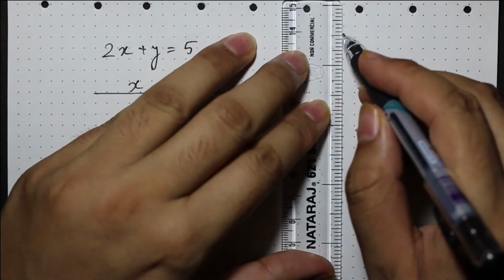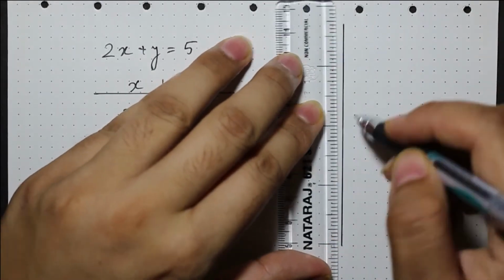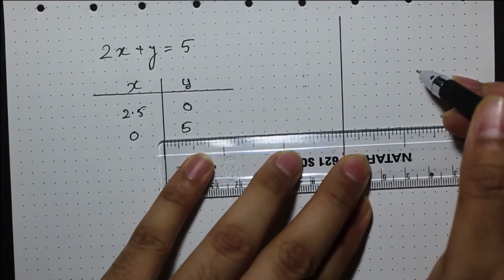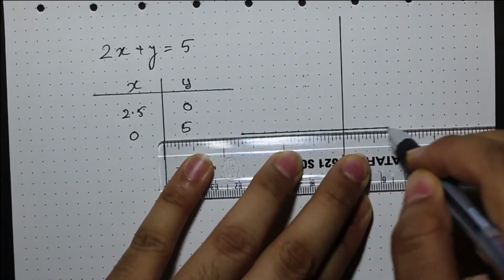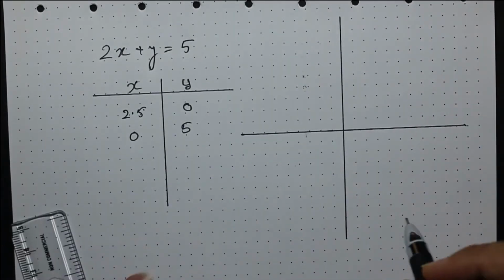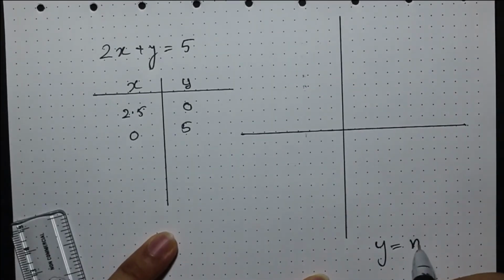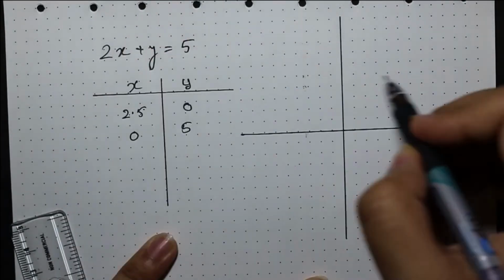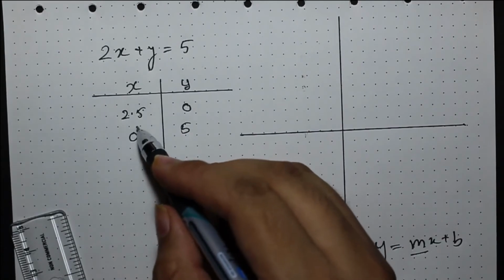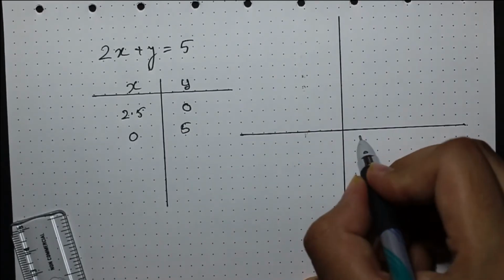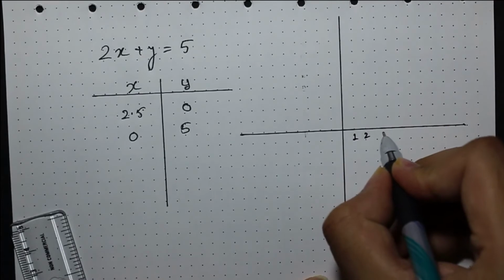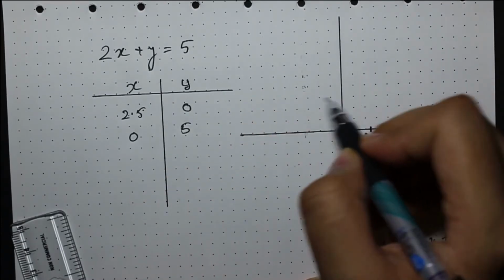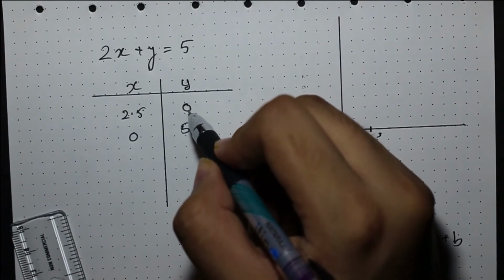Now using these values, we can plot a line. This is called the slope intercept form, which is y equals mx plus b. This is the slope intercept form of a linear equation, y equals mx plus b. The m is the slope of the line. Here it is 2. So we will plot this graph.